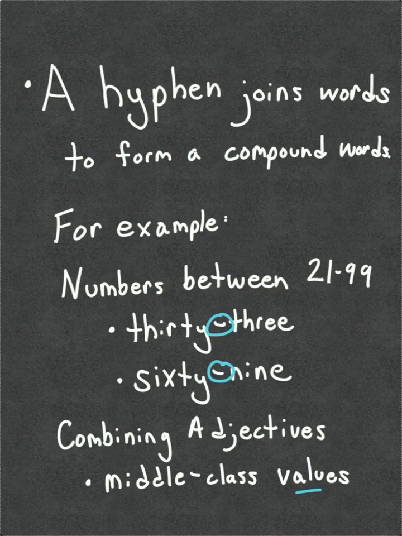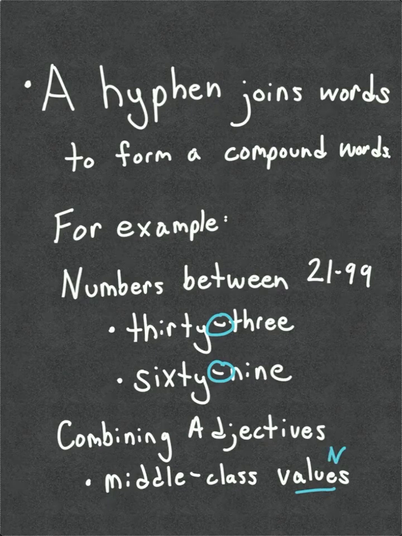Likewise, we quite often use hyphens when using adjectives in order to form a new word. For example, if I'm talking about values, but more specifically, I'm talking about middle-class values, middle class becomes hyphenated to form one word.